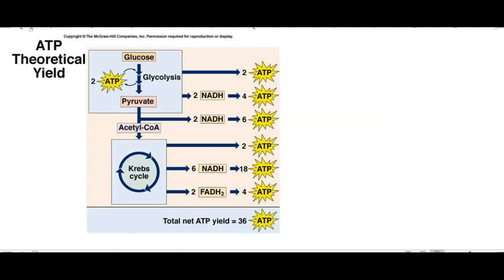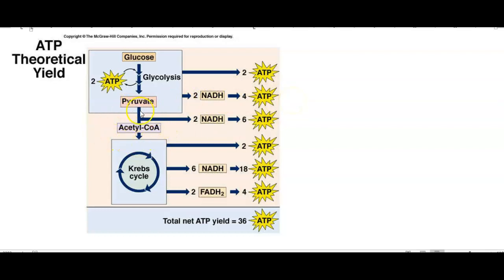So here's another picture. Glucose, glycolysis, orange pyruvates. There are 2 ATPs here that are going to actually be used. 2 of them are going to be used. 2 NADHs, electron carriers, 4 ATPs.